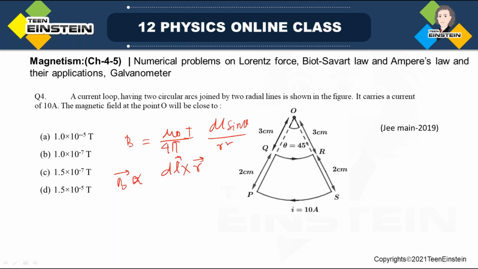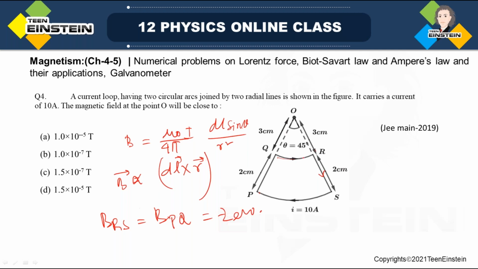So look here, among all the sides, this is the side RS, this particular side. Magnetic field due to RS and magnetic field due to PQ will obviously be 0. Okay, because sine theta is 0: dl cross r, dl is this one and r is this.